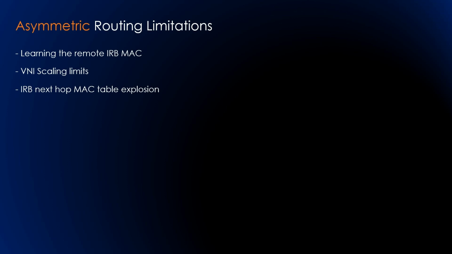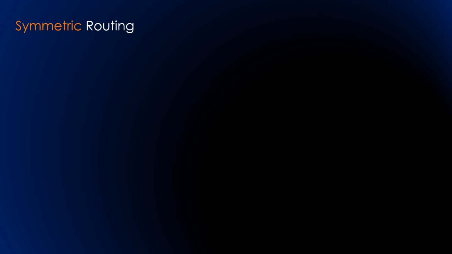From the perspective of VNI scalability, symmetric routing outperforms asymmetric routing. This is due to each VTEP only needing to manage the VNIs it is concerned with while still facilitating connectivity to non-local VNIs. Now we'll look at symmetric routing.